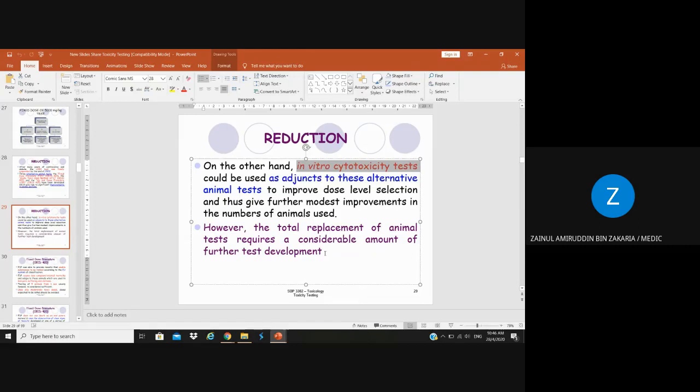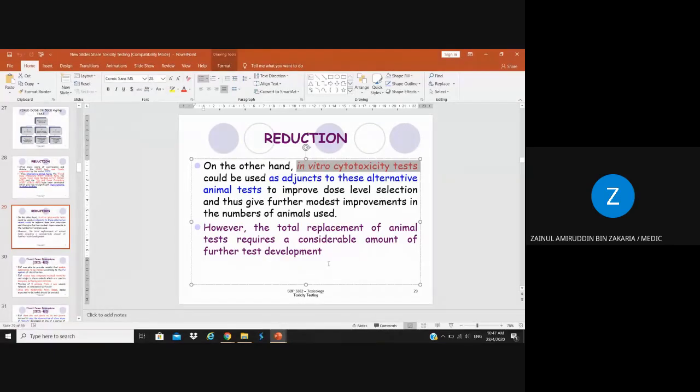That's why you cannot see curcumin in the pharmacy being used for treatment of cancer. So scientists still need to develop a more reliable test that represents live animals, then only can we stop using animals.